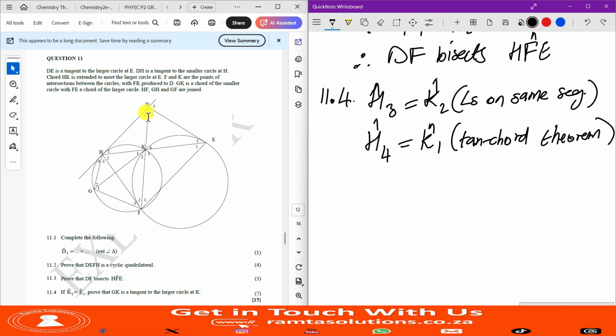Again, I can say, remember, we proved that DEFH is a cyclic quadrilateral. This therefore would mean this angle here is equal to this angle here. So what do I mean?